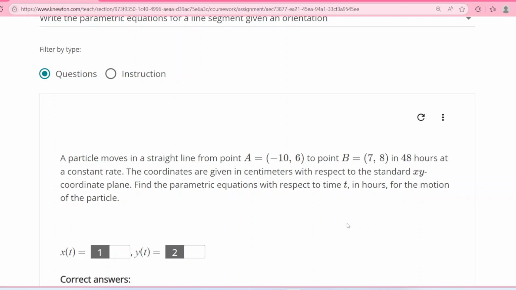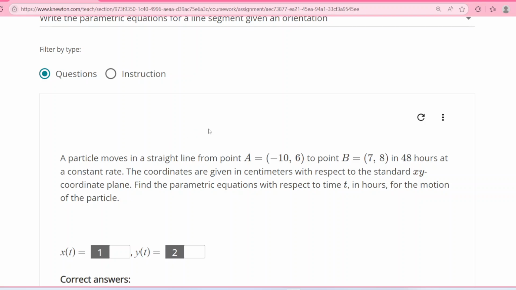So one way to go about this would be to find the length of the segment being drawn. You could use the distance formula. This is more complicated than what I'm going to be doing in a second. But you could parameterize this by taking the length of this segment, and you went from here to here, whatever the length is, in number of centimeters in 48 hours.